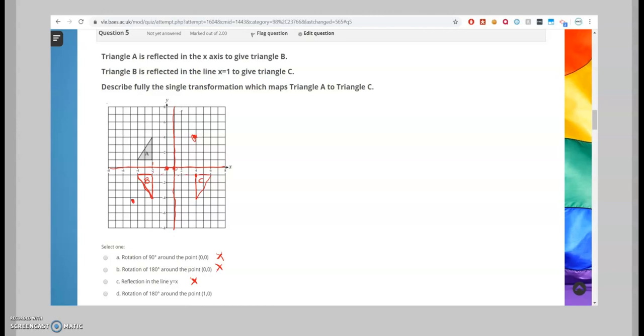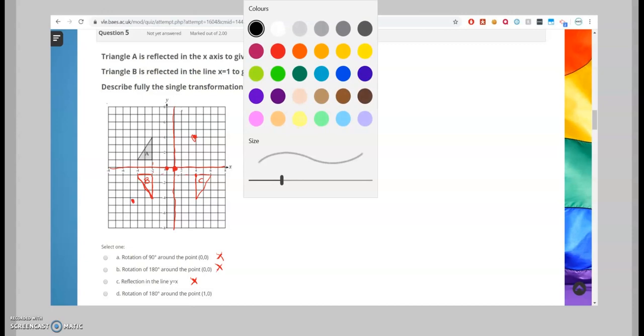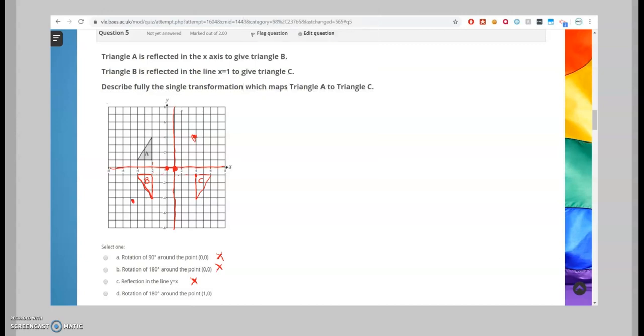So this is the point 1, 0. And we can show it in a different color perhaps. As you can see, the distance between A and that point is the same as the distance between C and the point. So this is a rotation of 180 degrees around the point 1, 0.